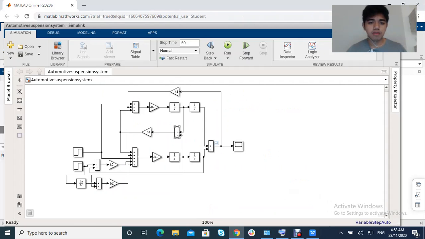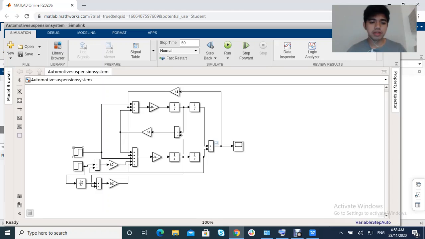This is 1 over M1, this is 1 over M2. I also changed the value of it. This is B1, which is also changed. This is K2, this is B2, and this is the sum block for all of the given blocks going through the integrator.